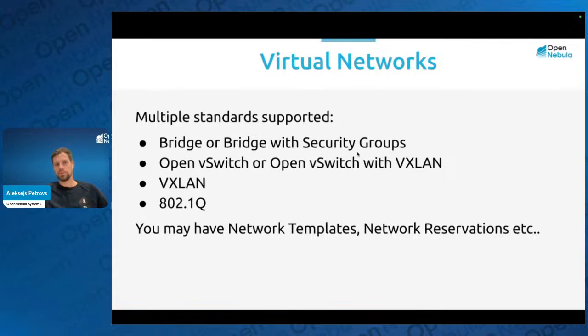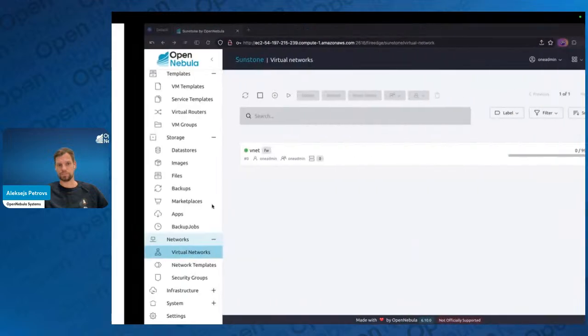Now, it's important to know that Open vSwitch with VXLAN and simple bridge do not support security groups. So security groups are supported by the bridge with security groups. There is a dedicated type of network, VXLAN or 802.1Q.